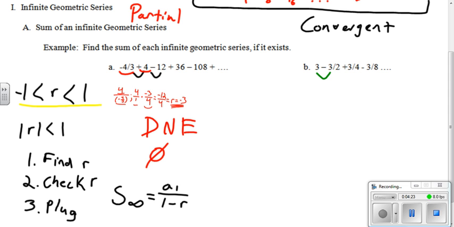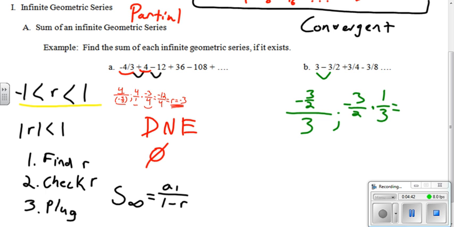So we want that R value, we want the change in between those two. So this time it's -3 over 2 over 3. Same thing, we can just multiply by the reciprocal. -3 over 2 times the reciprocal of 3 would be 1 over 3.